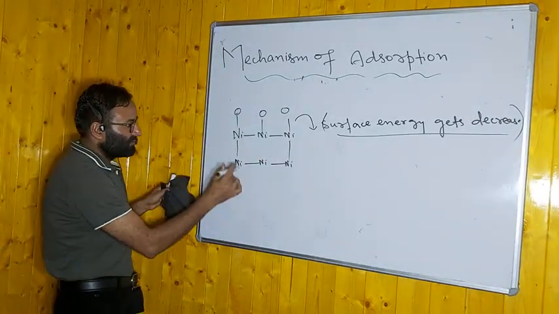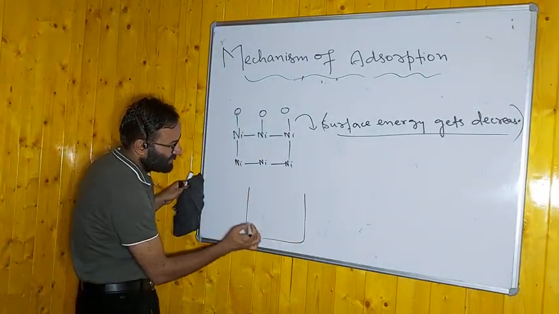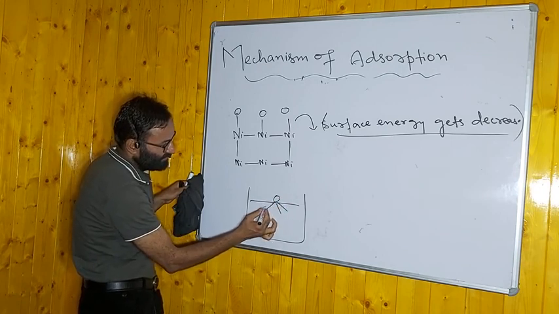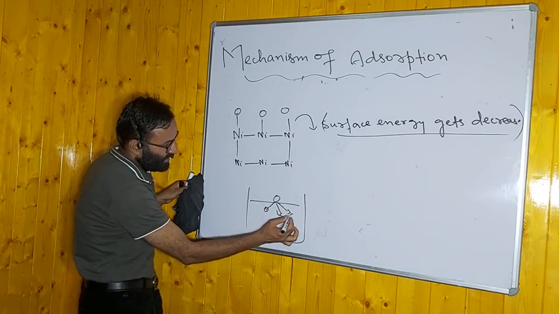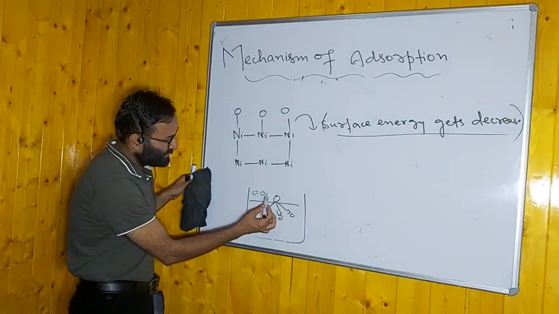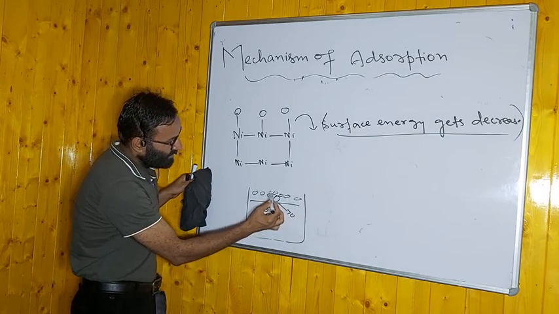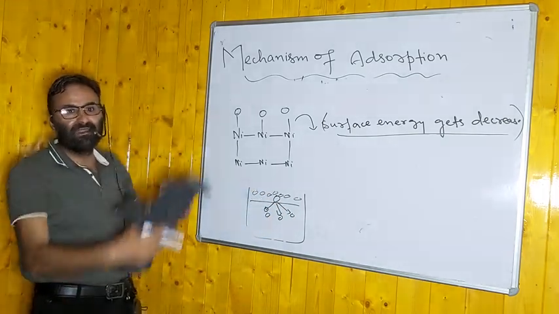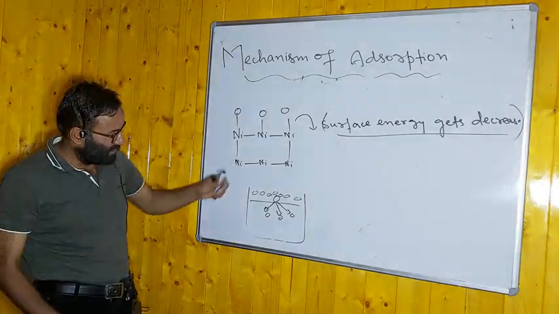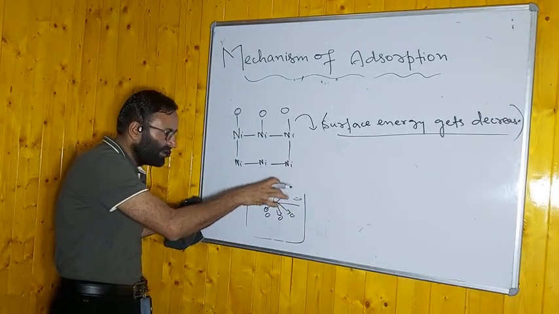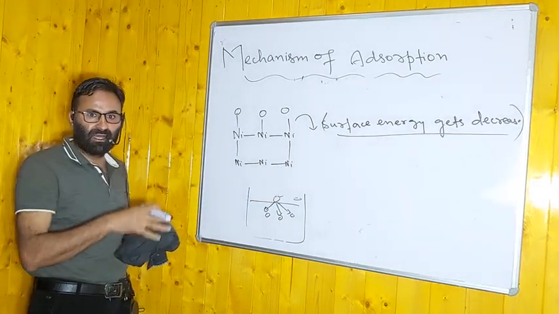It means that during adsorption process, you have to remember, surface energy gets decreased. You can also mention if you have a liquid, the same thing happens here. The surface molecule is unstable because of downward pull, because of surface tension, you know it. And then adsorption process takes place. If there is no adsorption, there are molecules only in the interior, in the bulk of the liquid.